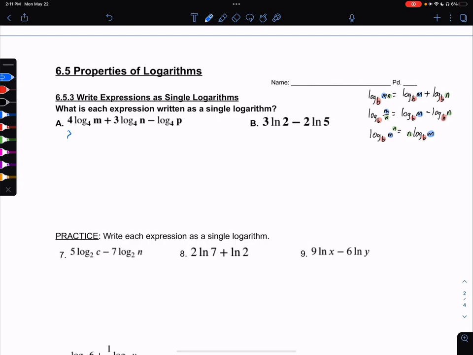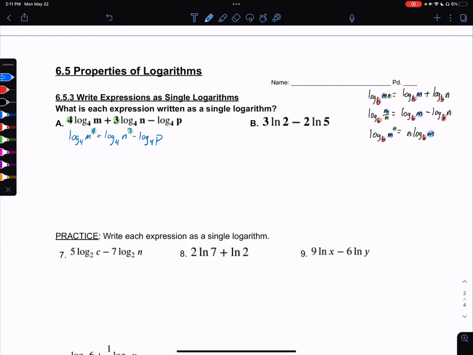So we're going to rewrite that first term as log base 4 of m to the 4th power plus log base 4 of n to the 3rd power. And then we don't have a coefficient on that third term, so we're just going to leave that alone, log base 4 of p. So this 4 went up here, and this 3 went up here.